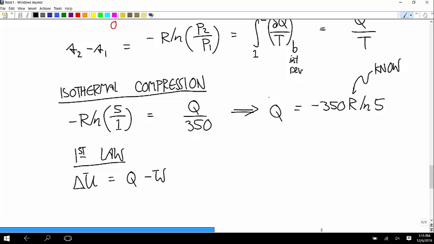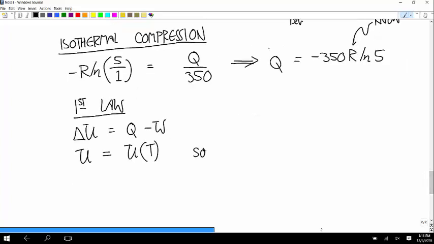We're treating this as an ideal gas. It's dependent on only one property. What's that property? Temperature, yeah. So U is a function of temperature only. And so if it's isothermal, then we know that there's no change in internal energy. So that means Q is equal to W.